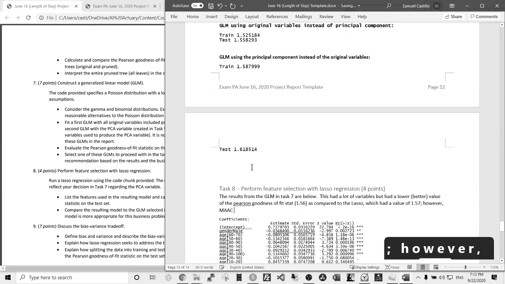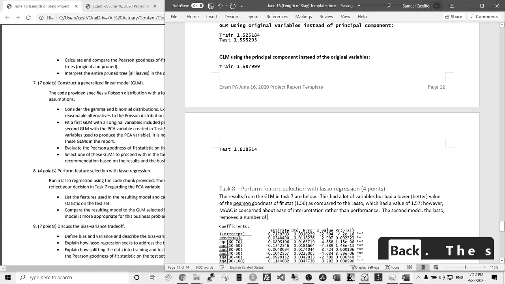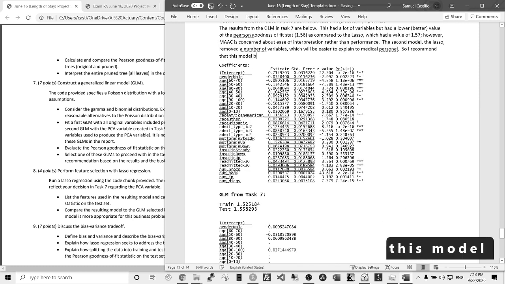However, Mac is concerned about ease of interpretation rather than performance. The second model, the lasso, removed a number of variables which will be easier to explain to medical personnel. So I recommend that this model be used.